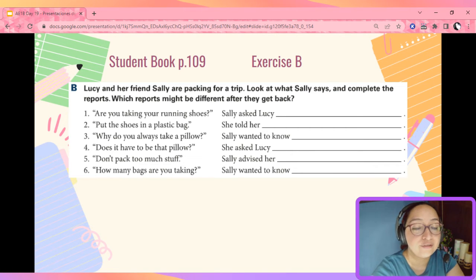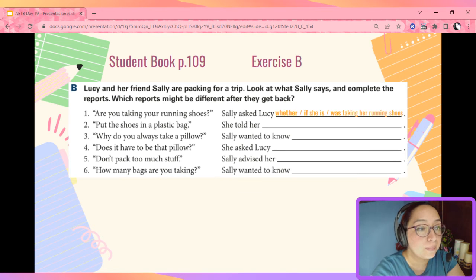That's right, if or whether. Sally asked Lucy whether or if she is or was taking her running shoes. In this case, is or was are correct. Why? Well, if the trip has not happened yet, you can say if she is taking her running shoes. If they already went on the trip, then you would use was. Now pause the video and work on the rest.